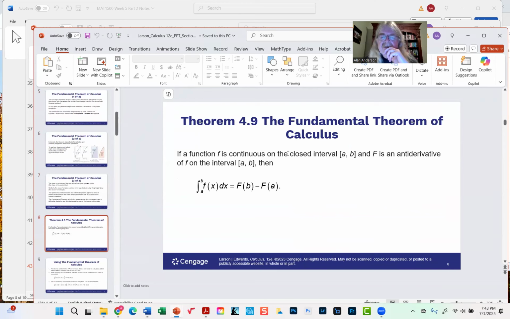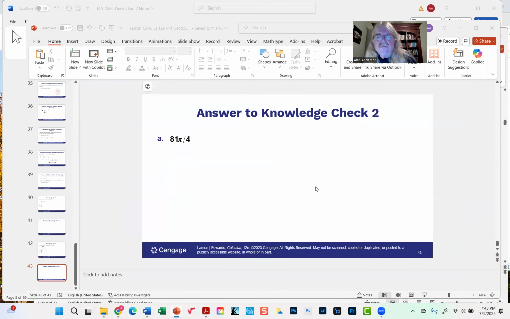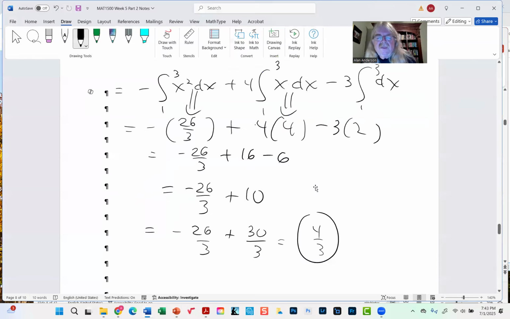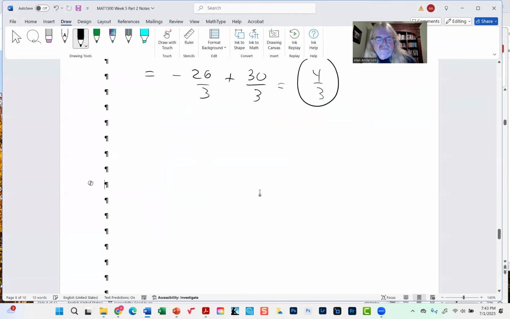And so now this is actually the statement of the first fundamental theorem of calculus. So what does it mean?